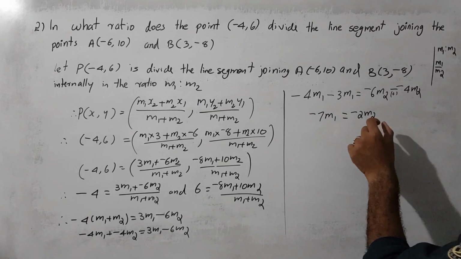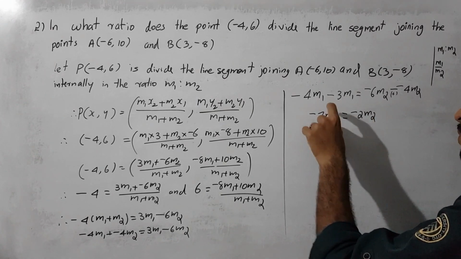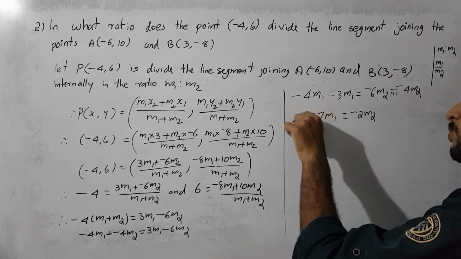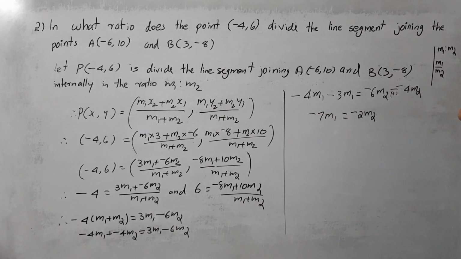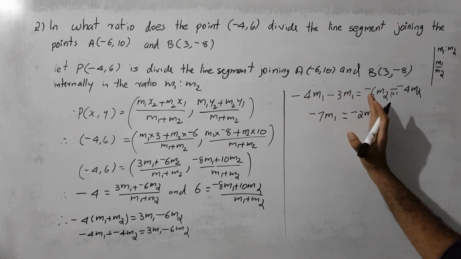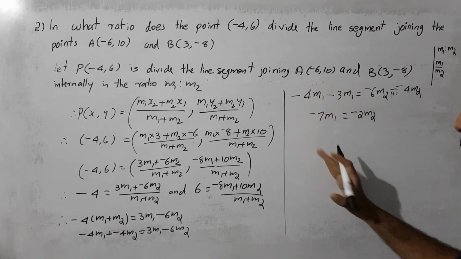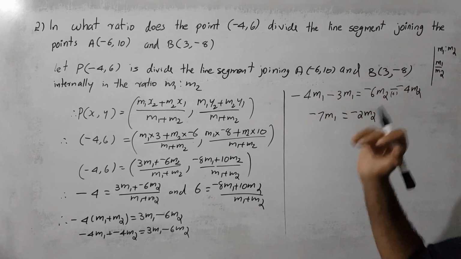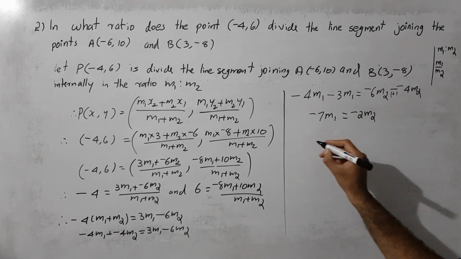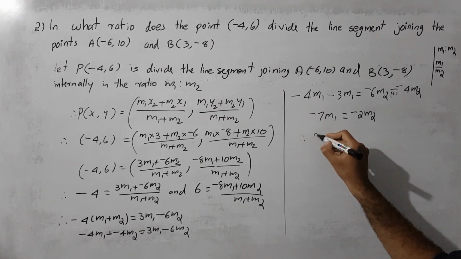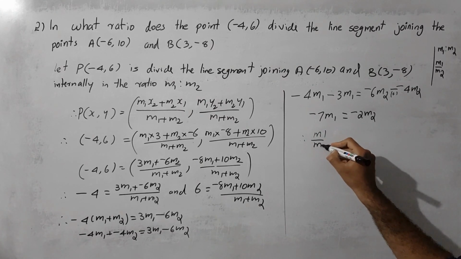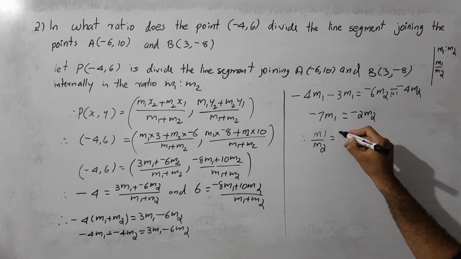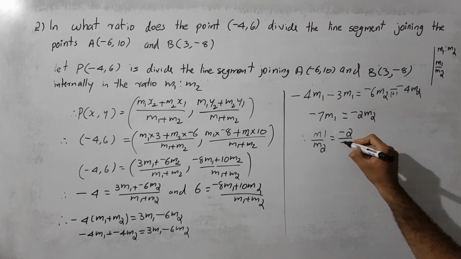Okay, then therefore m1 by m2 is equal to -2 by -7.